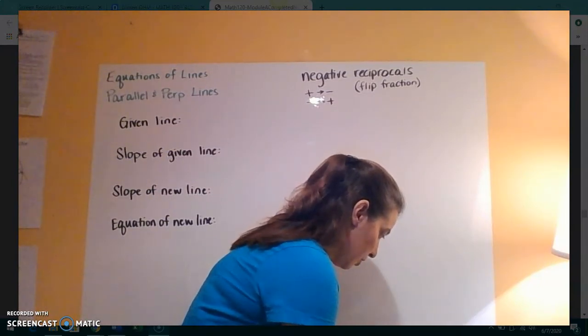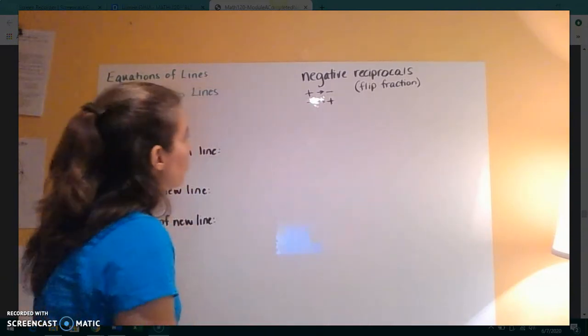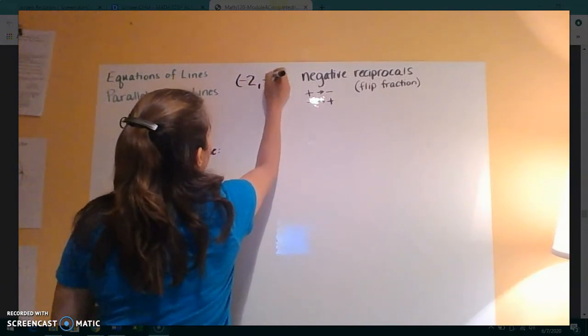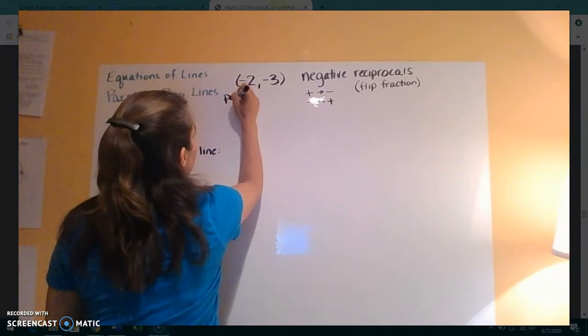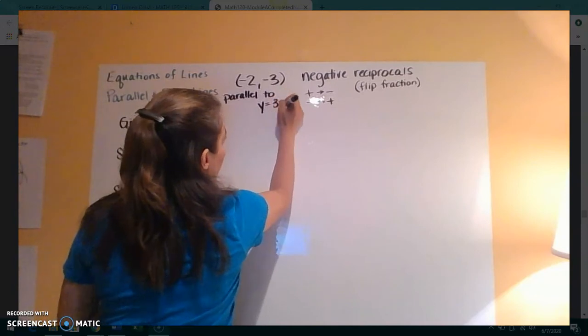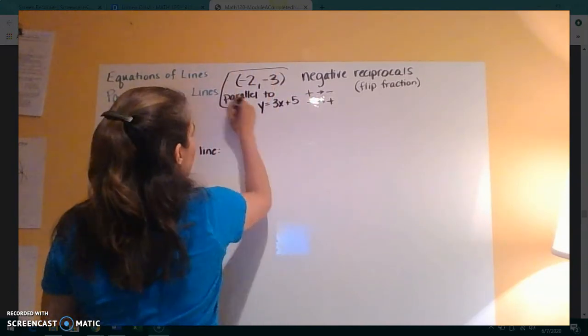So we're trying to find the equation of a line that passes through the point (-2, -3), and is parallel to y equals 3x plus 5. Okay, so this is the information we're given.